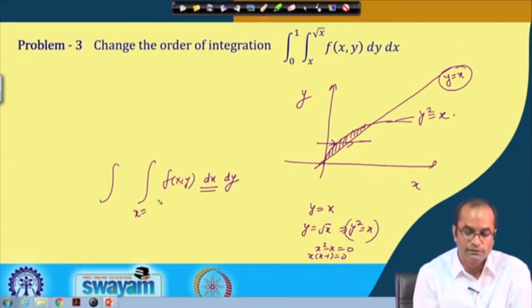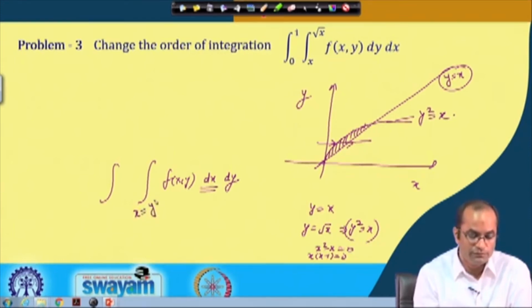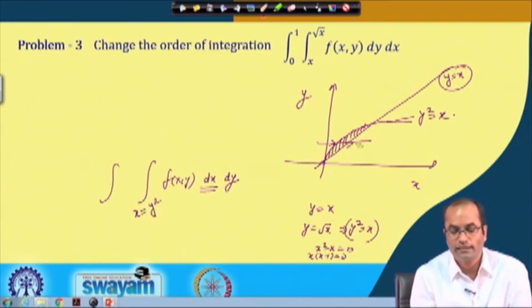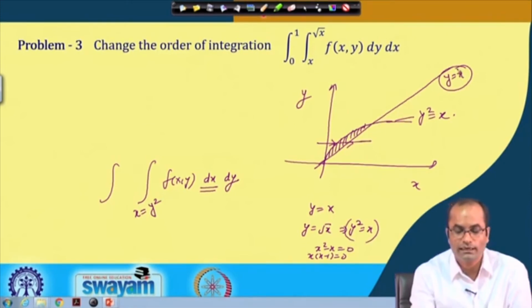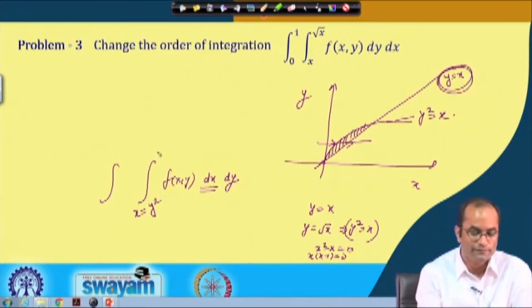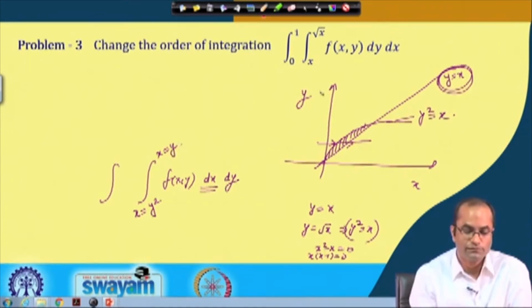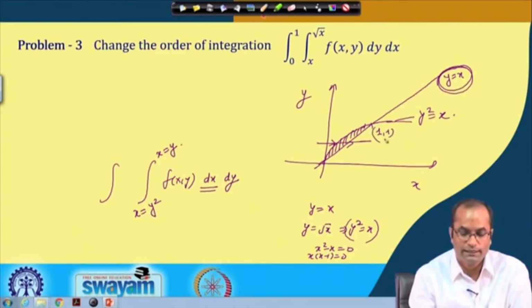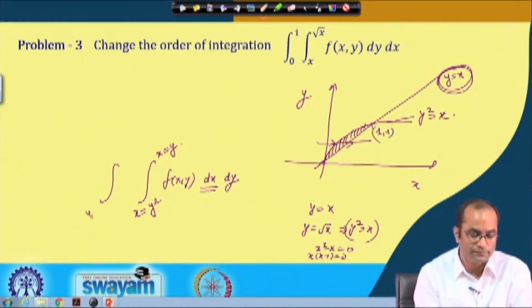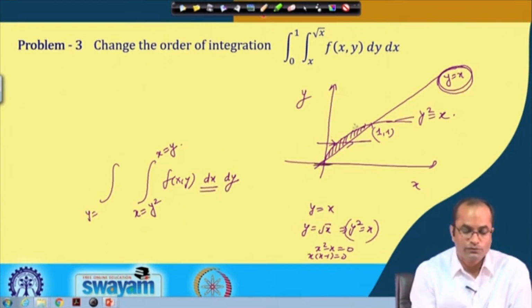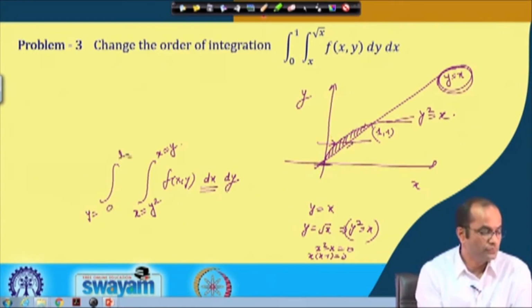So, the limit of x will be from y squared to, and this is leaving the domain exactly at x equal to y. So, here x equal to y, and in the direction of y, such lines are moving from y equal to 0 to y equal to 1.